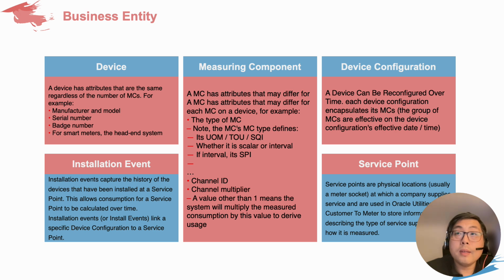One thing to understand is that this is the hardware side of the device, so a device would have a device type, but it doesn't normally have attributes to indicate how the measuring component should be included.